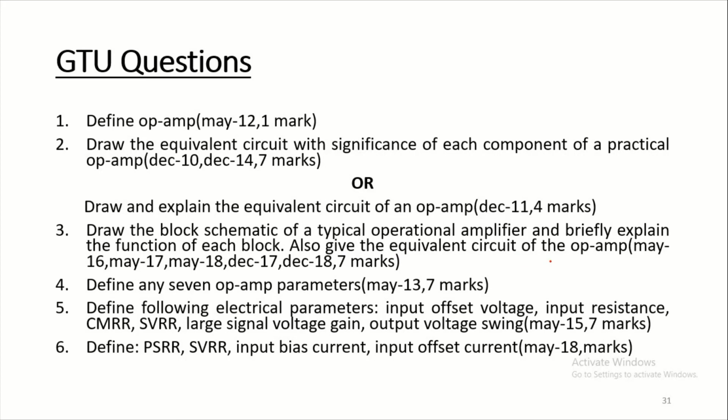Also give the equivalent circuit of the op-amp. The fourth is: define any 7 op-amp parameters, meaning op-amp characteristics. The fifth is: define the following electrical parameters: input offset voltage, input resistance, CMRR, SVRR, large signal voltage gain, output voltage swing. And the last is: define PSRR, SVRR, input bias current, input offset current.